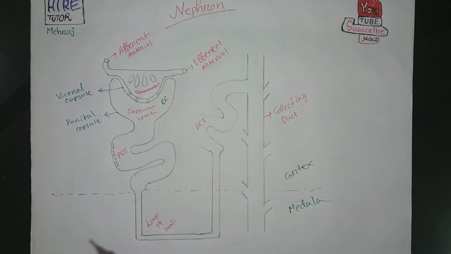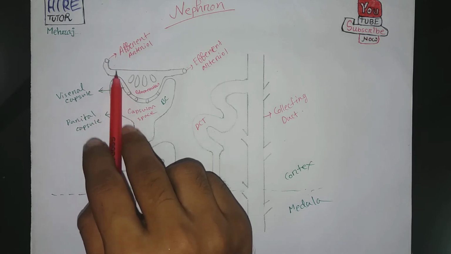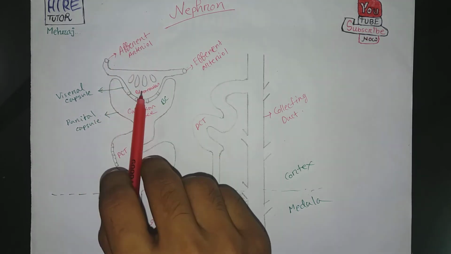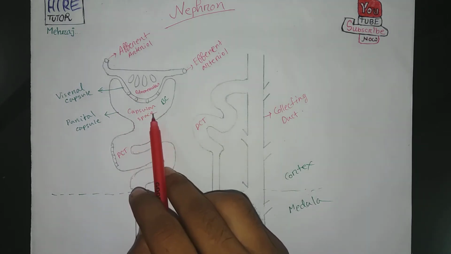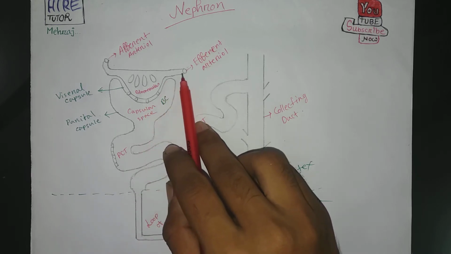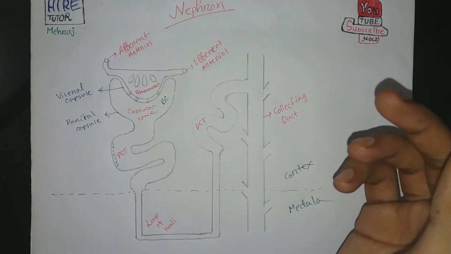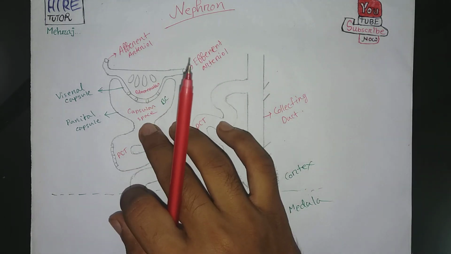Okay, let me say one thing. At first the blood comes through this afferent arteriole, then it goes to the glomerulus, and some parts of the blood come here: the urea, uric acid, creatinine, and some other salts. A lot of ions come here along with the water and some minerals. And the blood cells like RBC, WBC, and other things don't come through this.